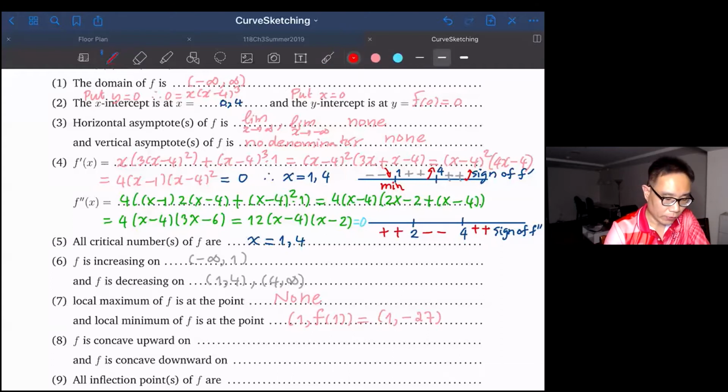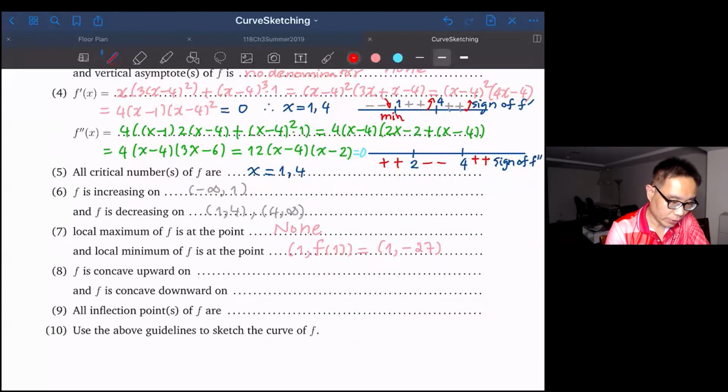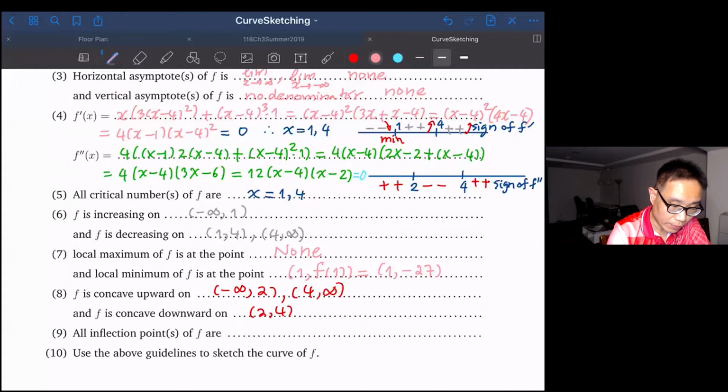So in this case, you're going to answer concave upward on negative infinity to 2 and 4 to infinity. And for the second interval, it's going to be 2 to 4, concave downward. You're going to see that this one will be concave up, this one will be concave down, and this one will be concave up.